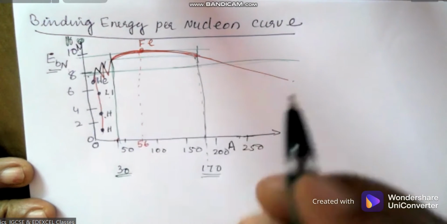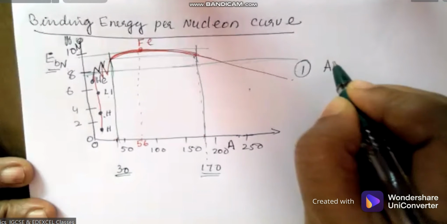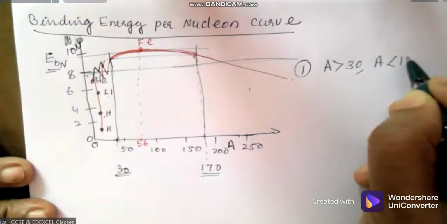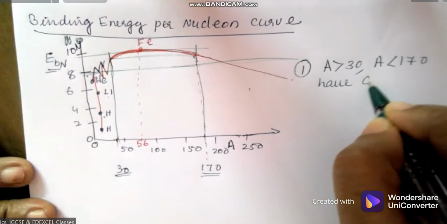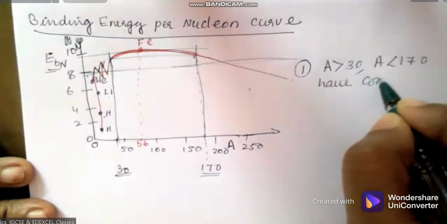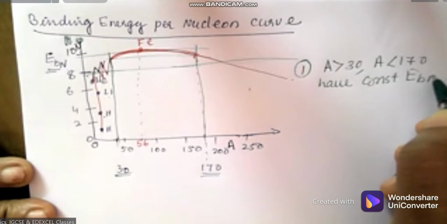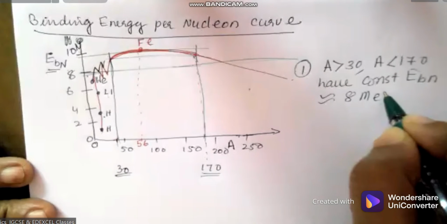Most of the elements, that means the elements with mass number greater than 30 and mass number less than 170, have almost similar or constant binding energy per nucleon, which is around 8 MeV. This is in MeV.